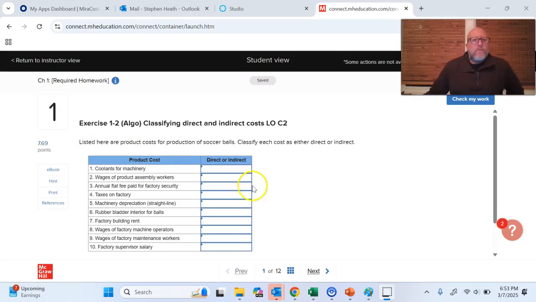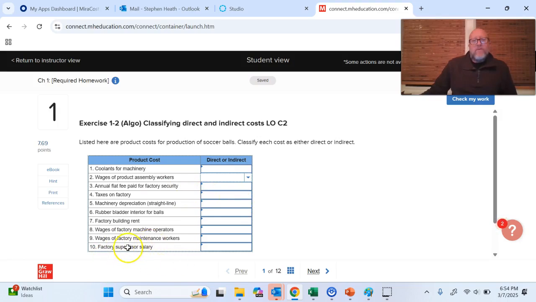Okay, so this question's asking us to identify whether something is an indirect cost or a direct cost. I'm not going to go through all of these, but coolant for machinery, that's clearly an indirect cost. Wages of product assembly workers, I might be inclined to say that's a direct cost. Annual flat fee paid for factory security, I'm going indirect.